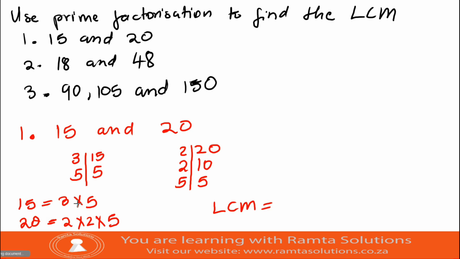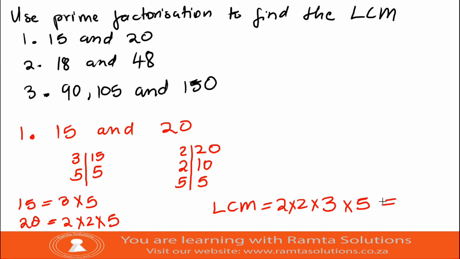You're going to include all the numbers that are appearing here and note how many times they are repeating. The smallest is 2, it's repeated twice, followed by 3, which is appearing once, and 5 is also appearing once.